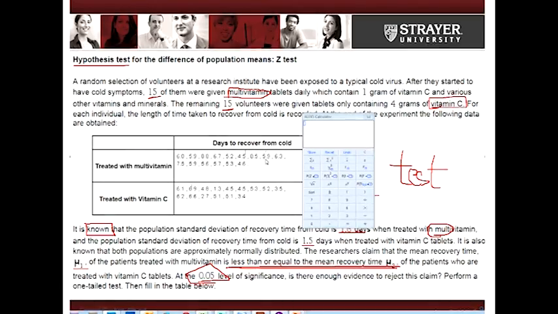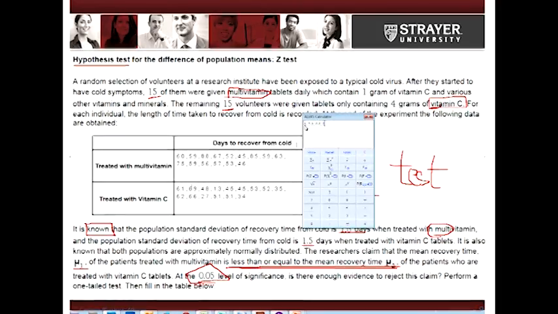All right, so if we load this data, now this is actually a PowerPoint slide, so it's not going to load in there automatically for me, but I can load data by just typing the numbers: 6, 5.9, 8.8, 6.